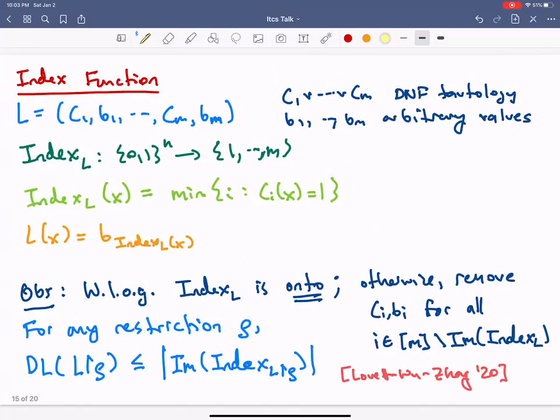And the way that the expected decision list size under a P random restriction is bounded in this paper of Lovett, Wu, and Zhang, and also in our paper, is just by using this observation, from which it follows that for any restriction rho, the decision list size of L under the restriction rho is at most the size of the image of the index function of L under rho.